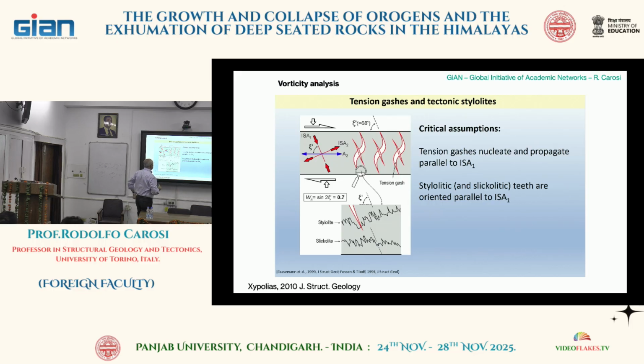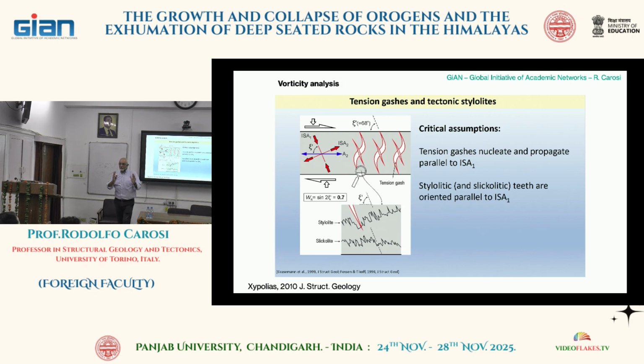It is simple if you take into consideration the angle between this initial line and the shear plane. For example, epsilon is 8 degrees. The sine of 2 times epsilon is 0.7. So the vorticity in this kind of object is 0.7.